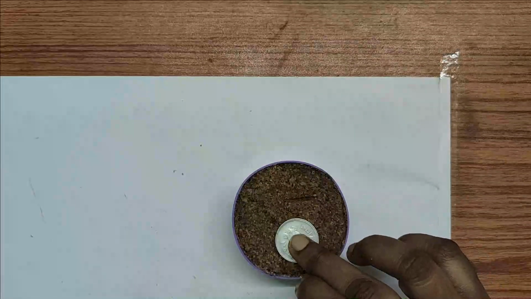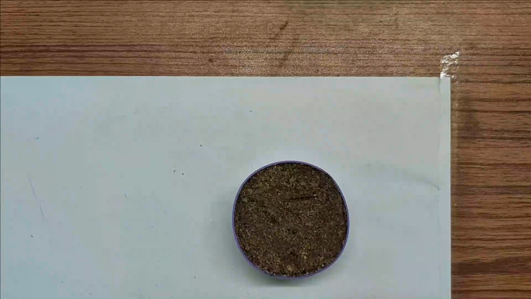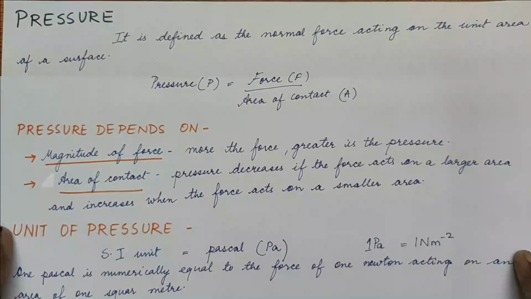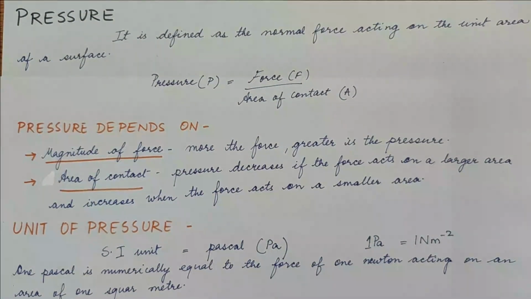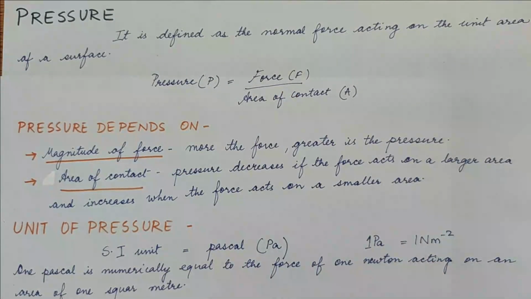But when you see here, when I am pressing it, nothing much seems to happen. This is because the lesser the area, the more is the pressure. Now you might have understood the two points on which the pressure depends: the force and the area of contact.